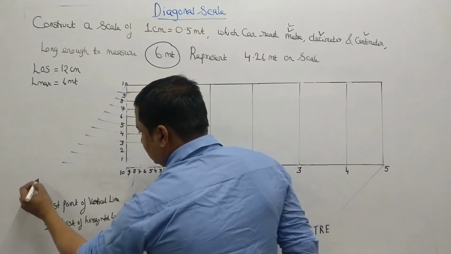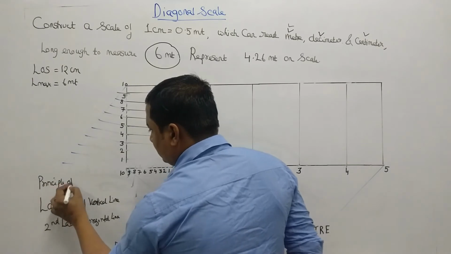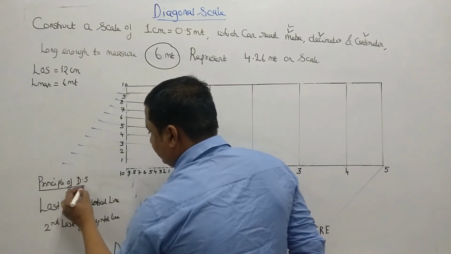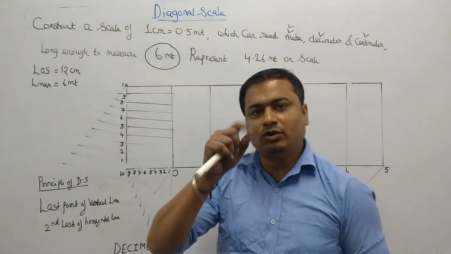So this is called the principle of diagonal scale.